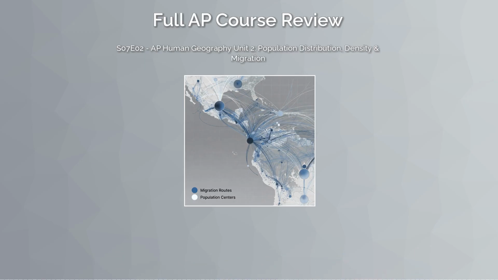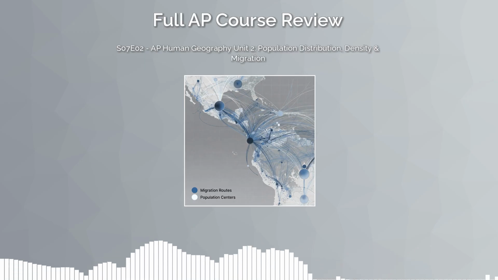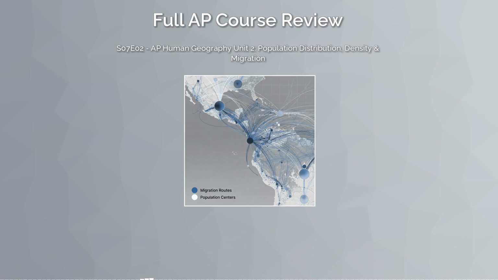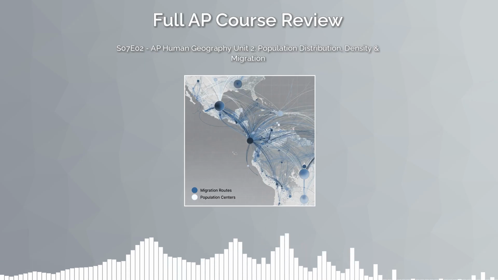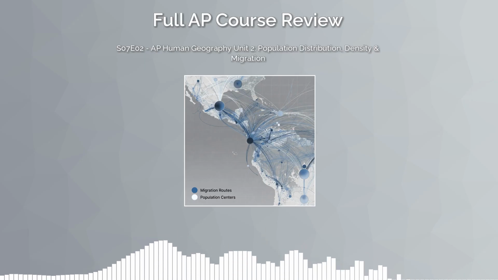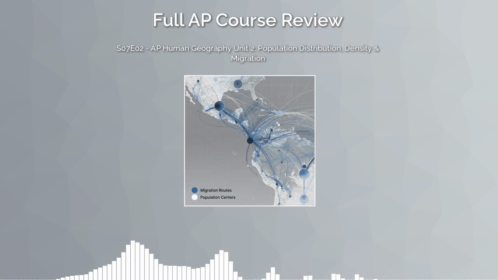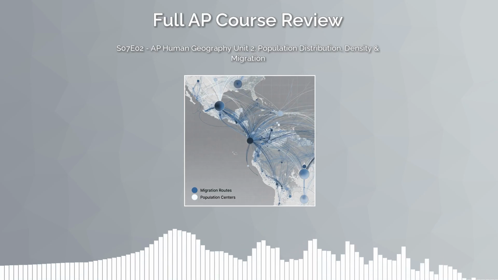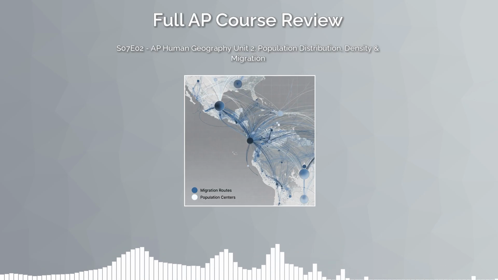The formula for arithmetic density is just the beginning. Now let's talk numbers, because the AP exam will absolutely ask you to calculate and interpret these. You need to know three distinct types of density, and confusing them is one of the most common traps on this exam. Arithmetic density, also called crude density, is the one most people think of when they hear population density.